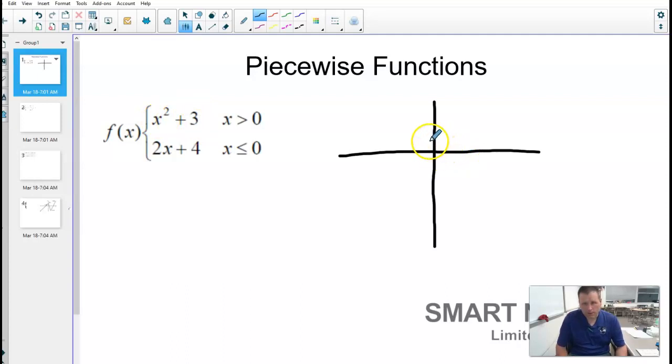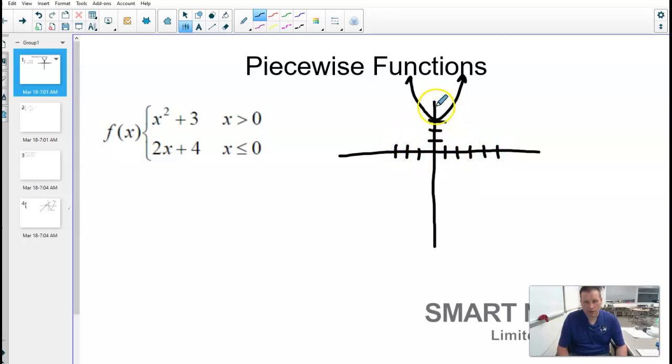But really what this function is, again, is just a quadratic, like so. But what I want is only the part that's greater than 0. So I only want this part here to the right, because that's greater than 0 if I'm looking at the x-axis, because that's what that's telling me.